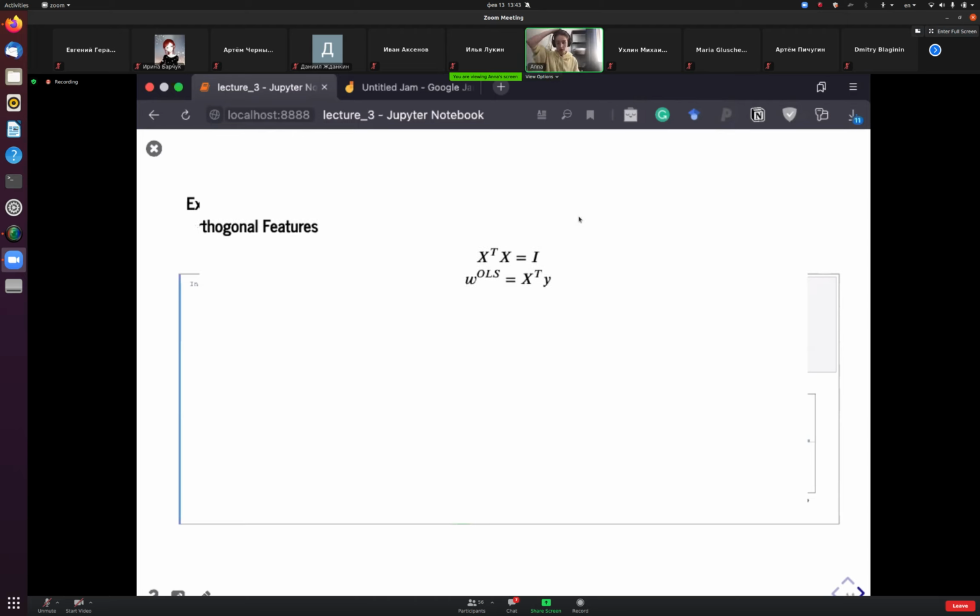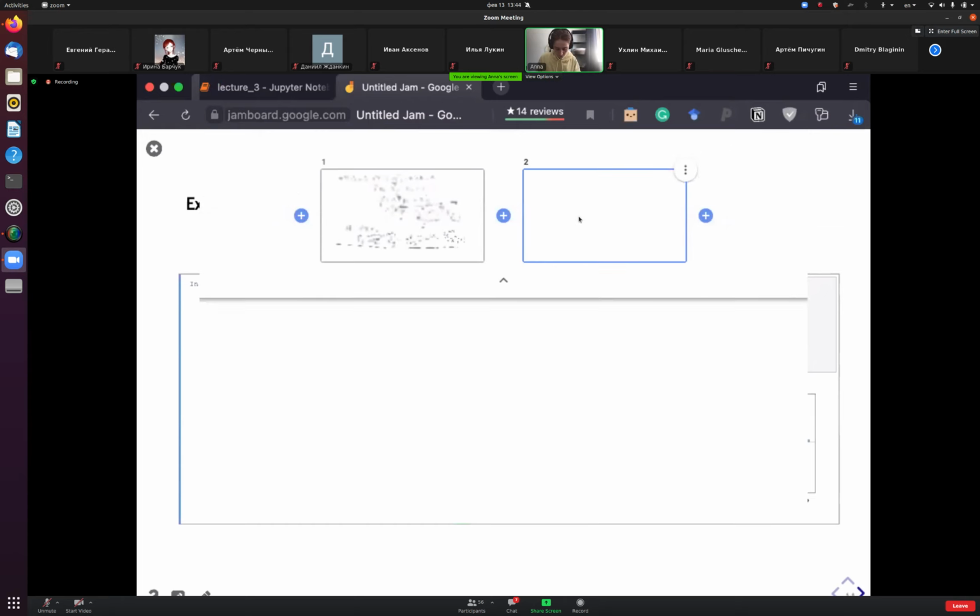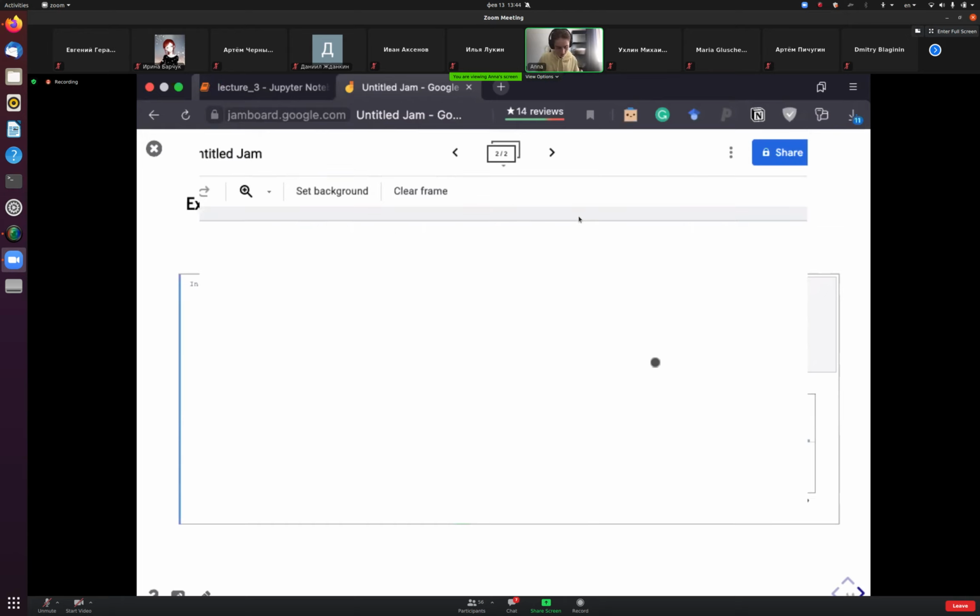So we start from the orthogonal feature case. That's the same formulation. We again will be using the fact that the weights of the non-regularized model are X transpose Y. And let me try to derive that for lasso regression.